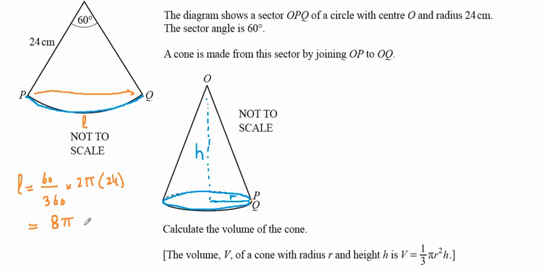So the best way is to use the exact value, which is 8 pi centimeters. Okay, now it means that 8 pi is actually the circumference of this circle, because this circle is obtained by folding this sector. So this arc length is equal to the circumference of the circle. If I mark C as the circumference of the circle, the circumference of the circle is 2 pi r.